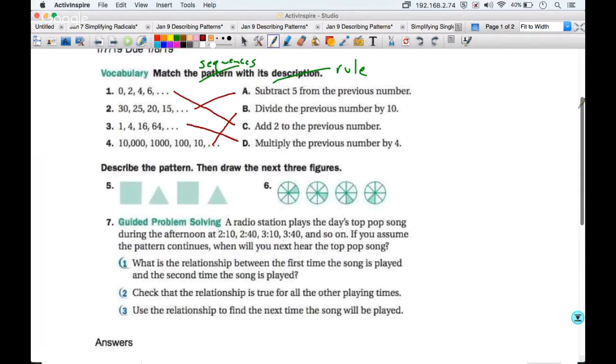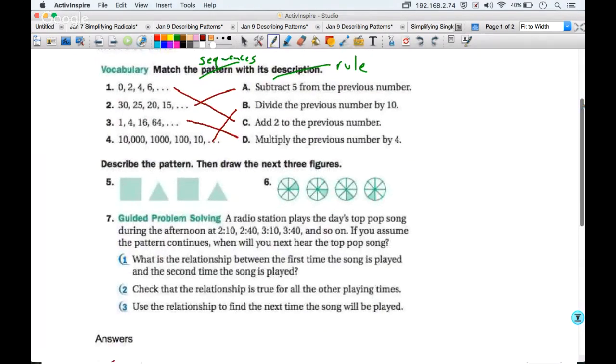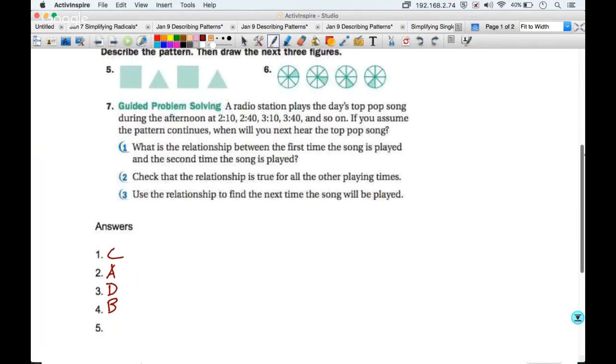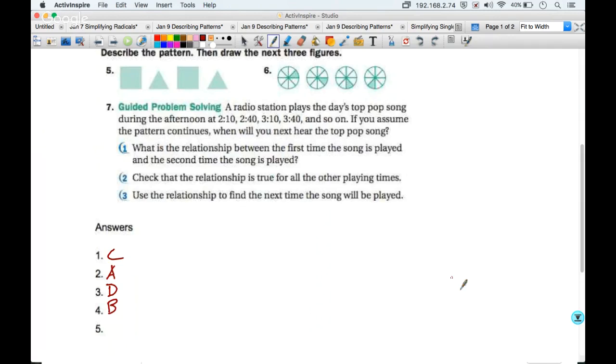All right, describe the pattern and draw the next 3 figures. I'll just do pattern 5. A good word to describe pattern number 5 is that this is an alternating pattern because it's going back and forth.